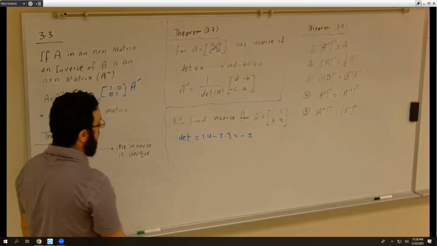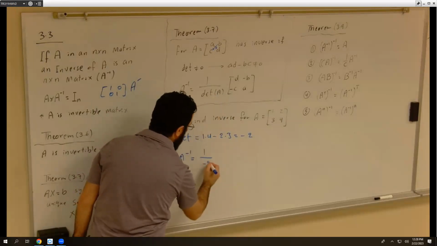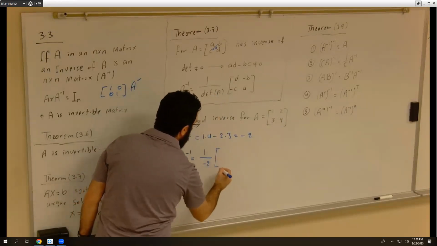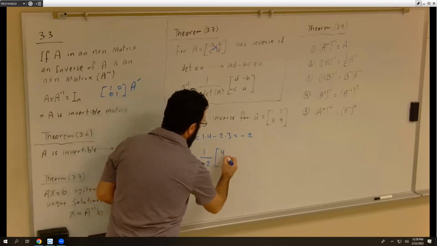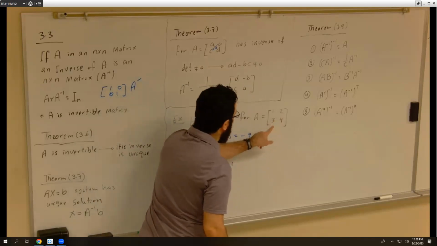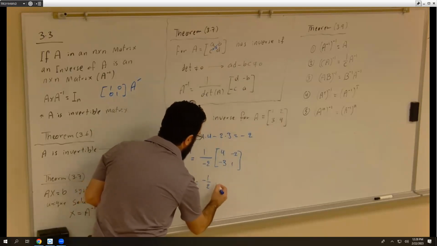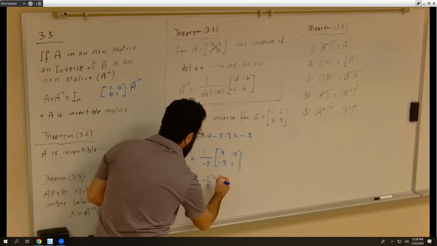In this case, the inverse for the matrix is going to be 1 over the determinant, which is -2, times, switch these two numbers A and D, so 4, and here's 1. Change the sign here, which is -2, -3, and then it's going to be -1 over 2 times, let's multiply right away.